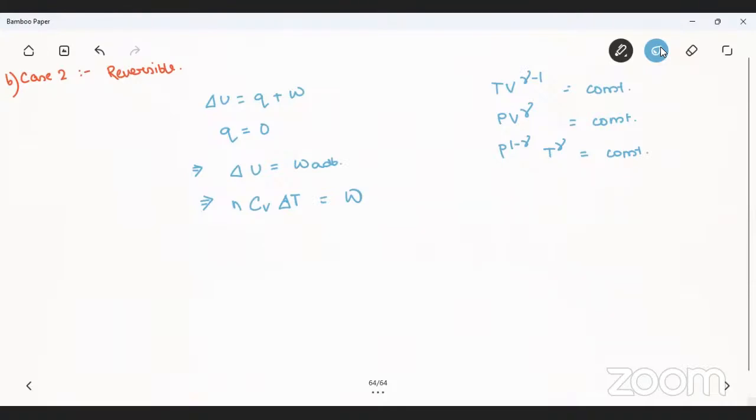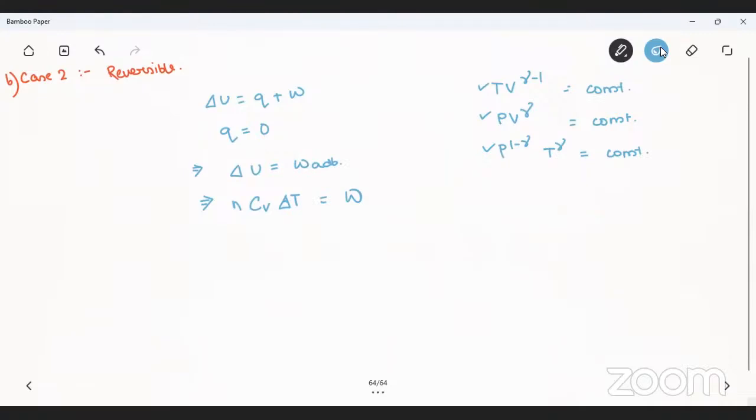Is this part clear? Yes, ma'am. Now, whether I will be using this or this or this to calculate the final temperature will depend on the question. When we solve the questions, we will see.